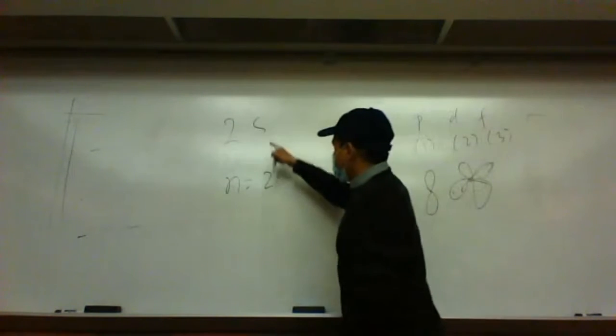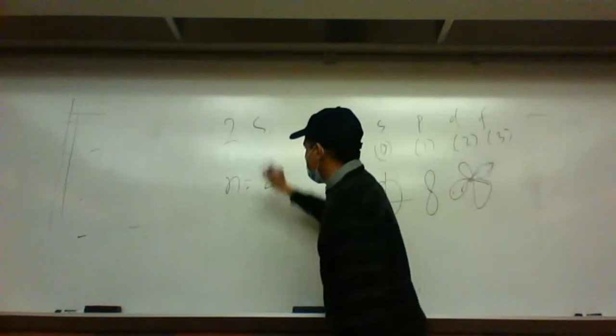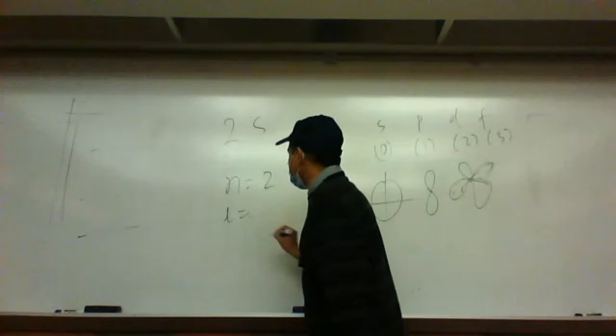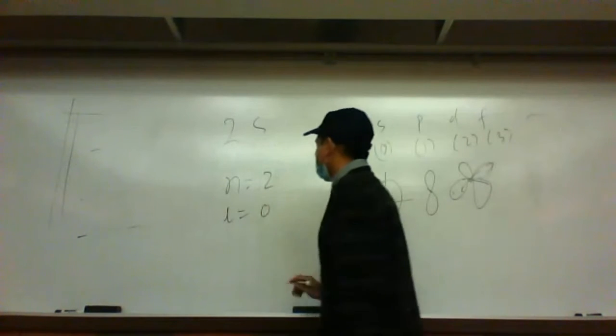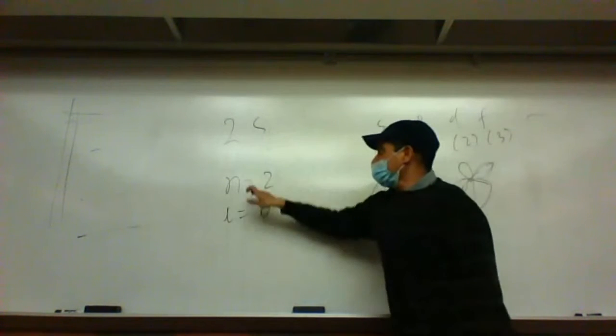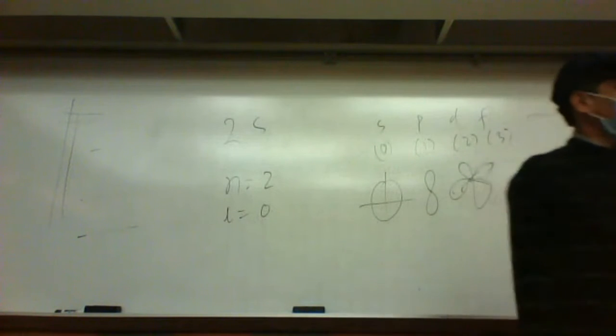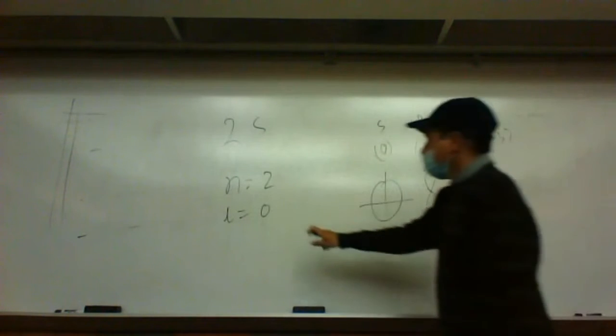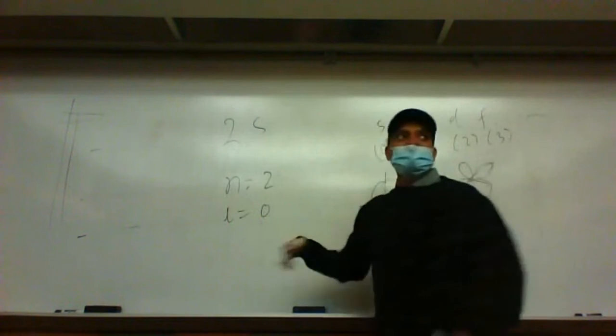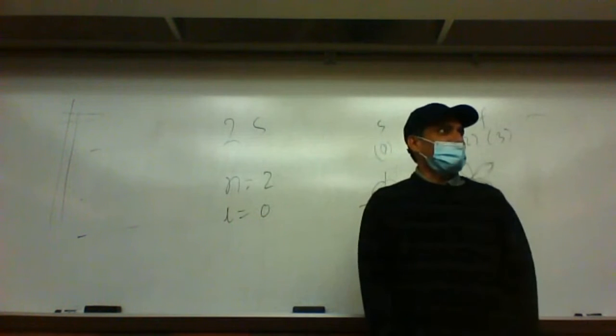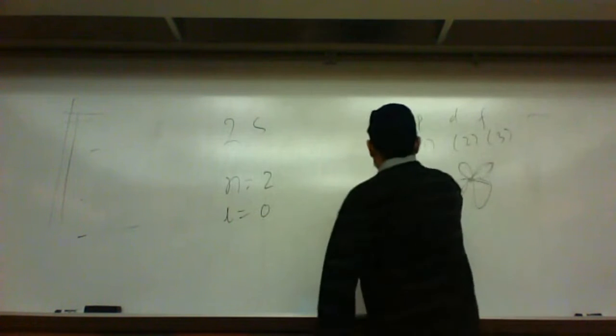All right, so S means L, that is L equals 0. S means 0. So n is 2, S is 0 here. Make sense? L equals 0, and the 0 orbital we give the name S. Can it exist or not? So let's look.